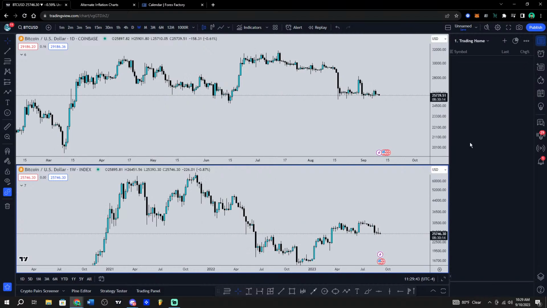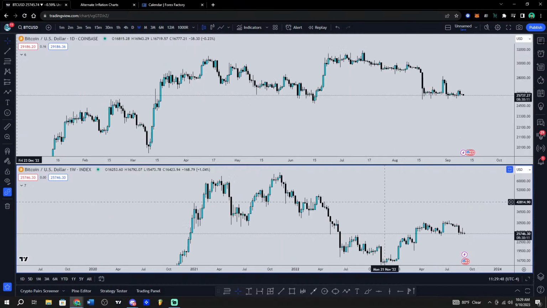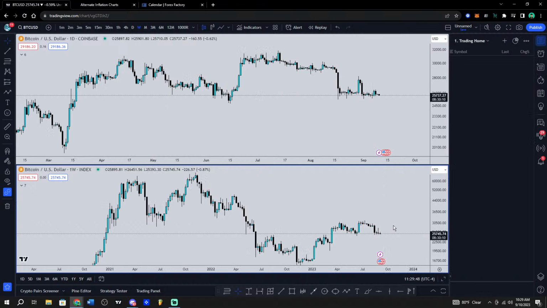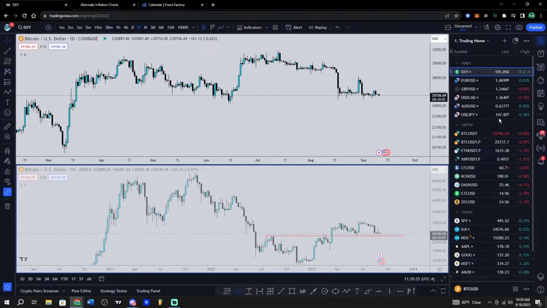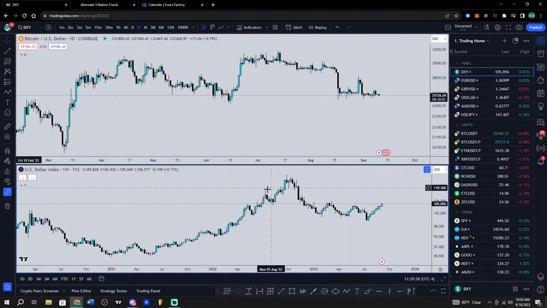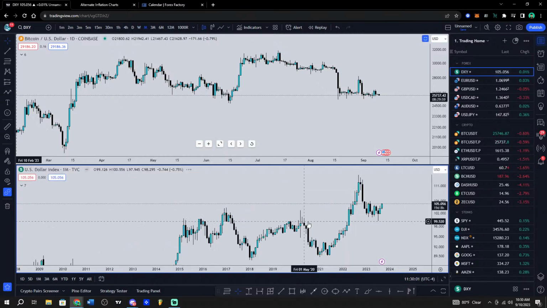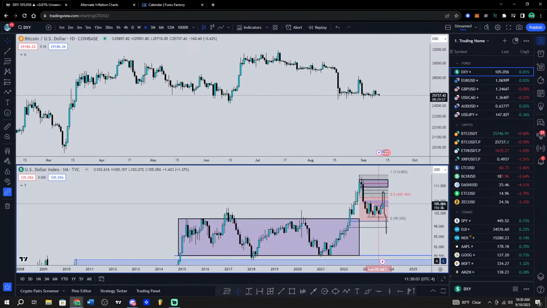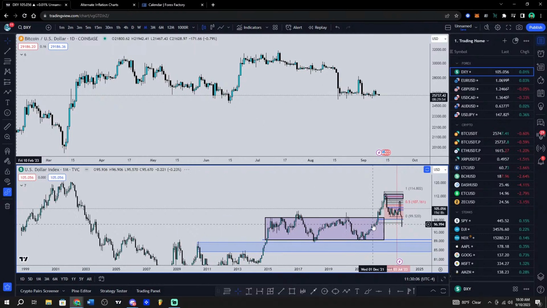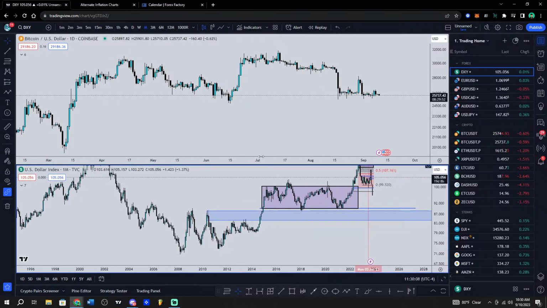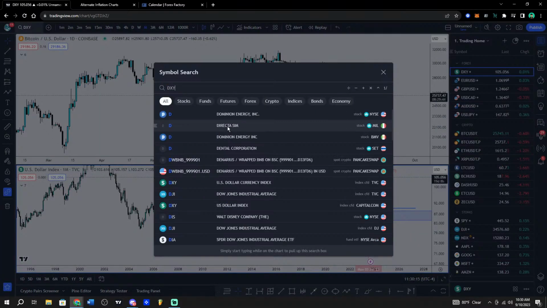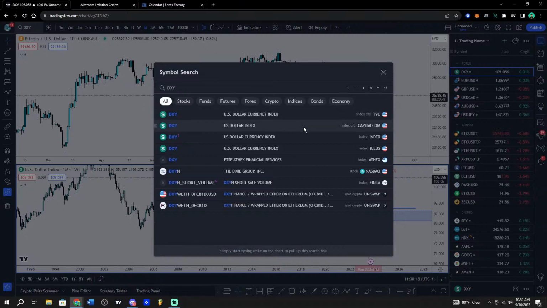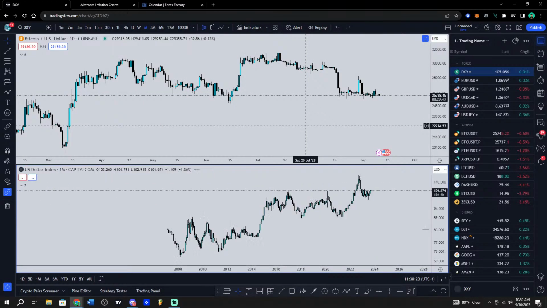I want to put the Dixie... maybe if it'll let me. There we go. And I'm gonna put the Dixie on the monthly chart. I'm actually gonna do different. I'm gonna do the Capcom so that I can have a clean chart. There we go.